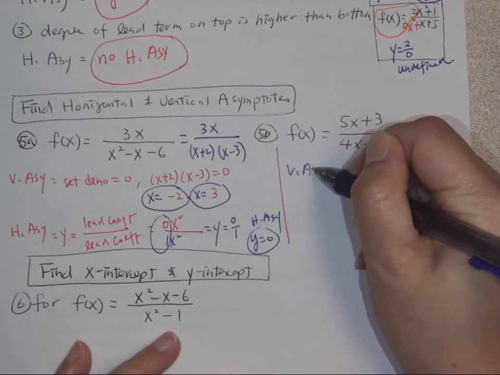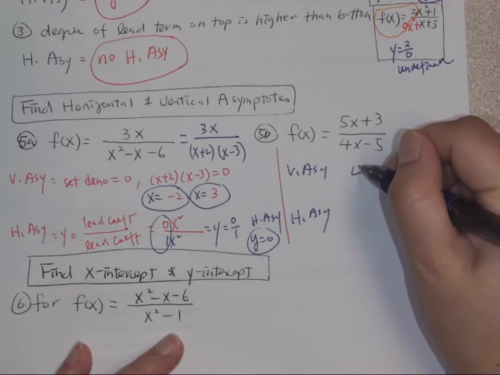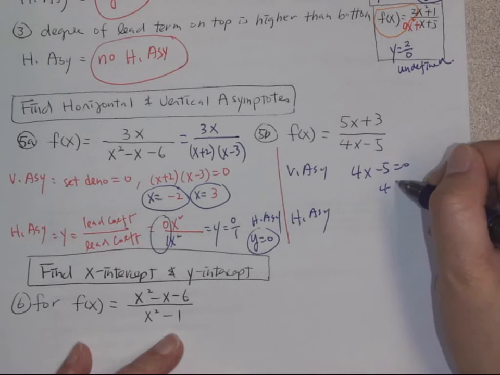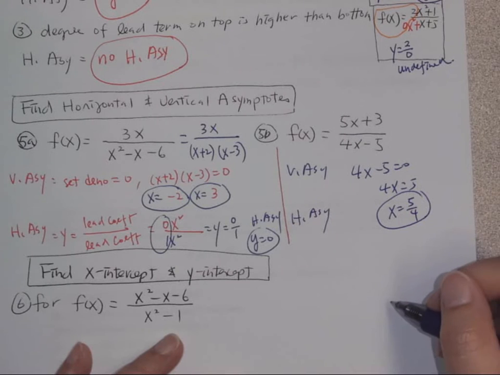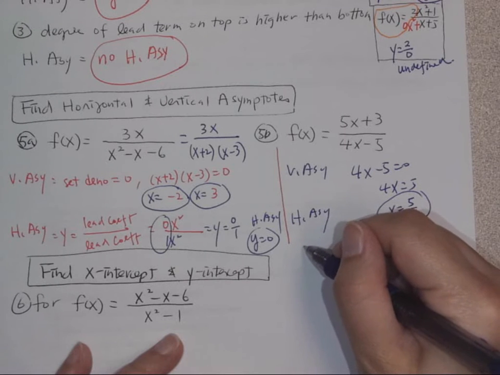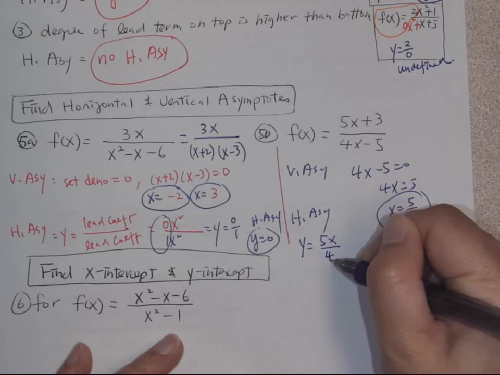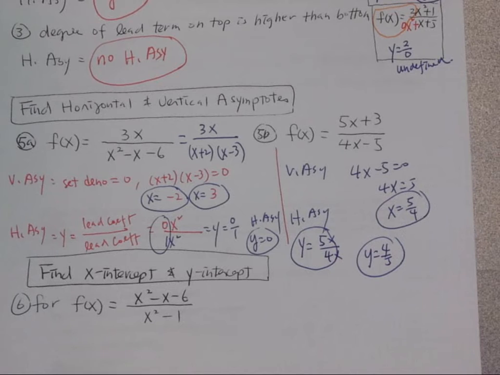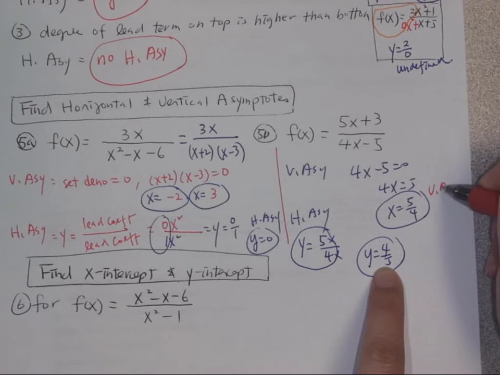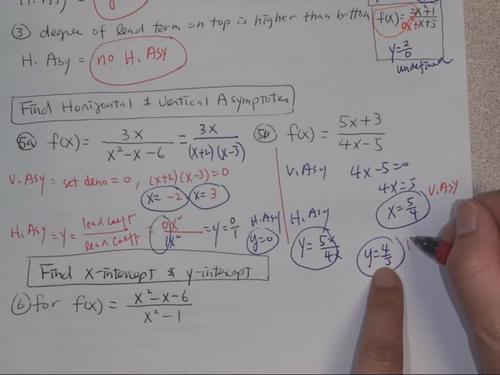So vertical asymptote, horizontal asymptote. So the vertical asymptote is 5 over 4.